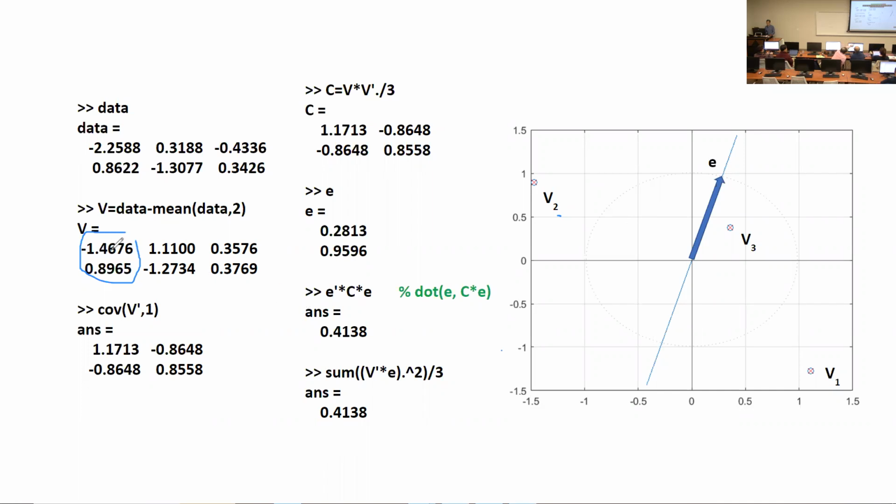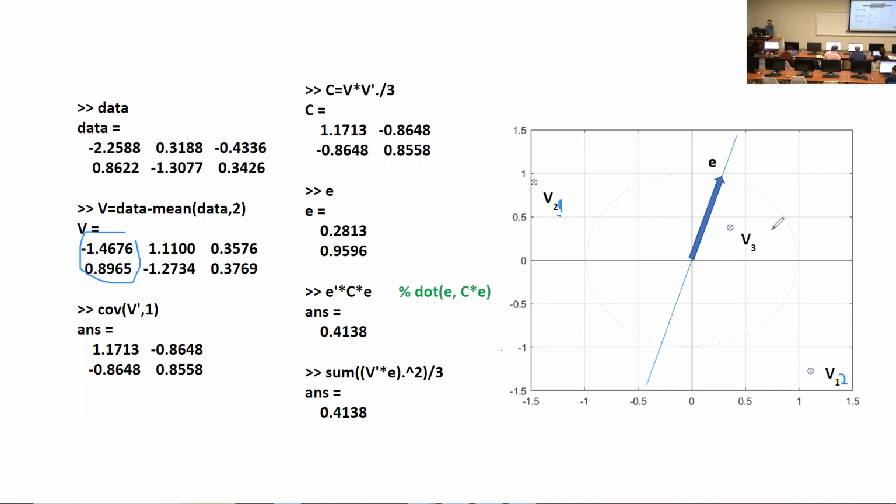So my first data point should be negative 0.4. So this is almost the first data point, right? My second one should be this. Yeah, so this is the second one.